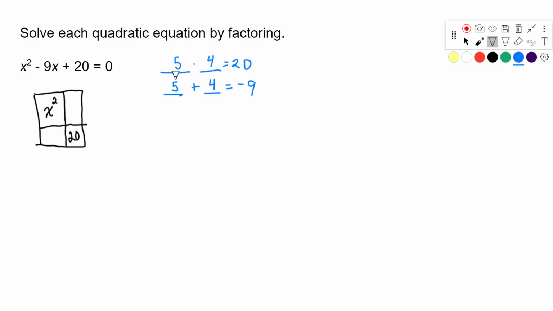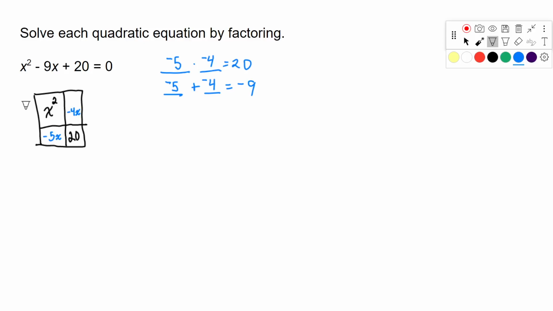So if I want to get a negative 9, both the 5 and the 4 need to be negative, and just to verify that this works, negative 5 times negative 4 does equal a positive 20. So we have a negative 5x in our model, and we have a negative 4x in our model. Then we can find our factors.